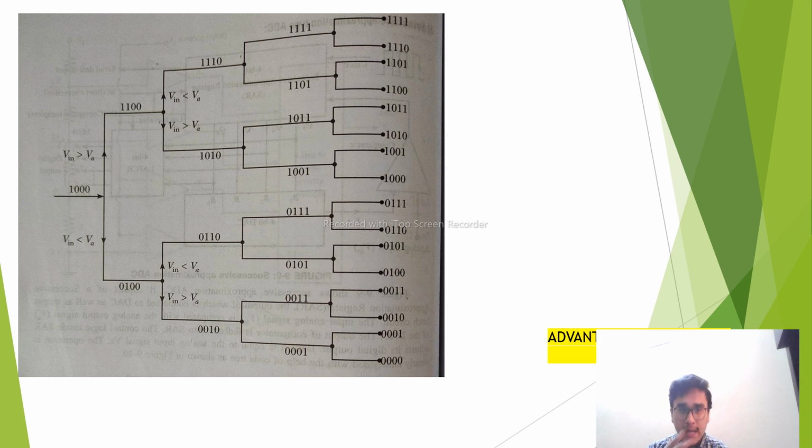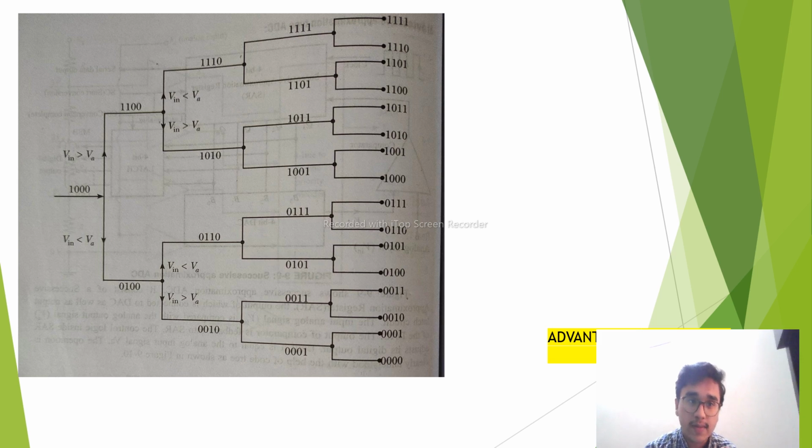When Vin is greater than VA, the current bit stays and the next bit changes to 1. In the case of the opposite, it resets the current bit position to 0 and converts the next position to 1. So this is the overall combination.